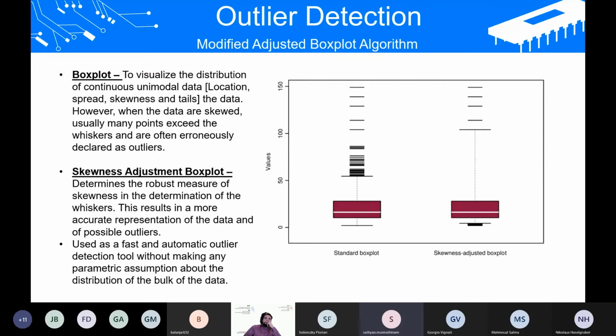But we want to use a skewness-adjusted box plot, which takes into account skewness in the data distribution. Also, with so much data coming in real time, we want a fast detection tool, right? We don't want to wait in real time for data decision making. We want more of a fast decision making.